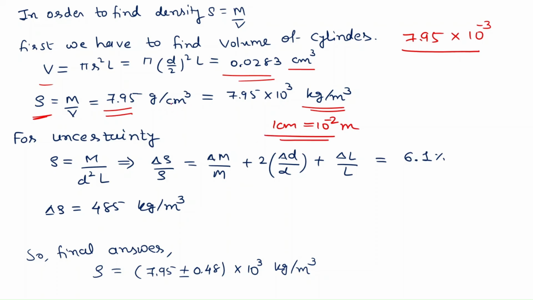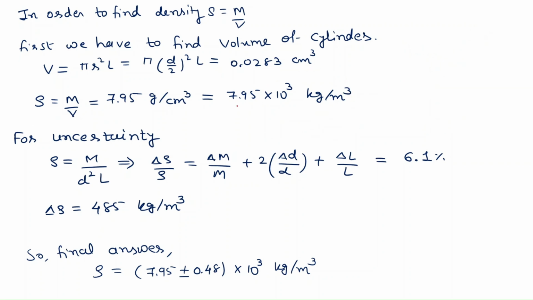But here centimeter cube is in the denominator, so we have to multiply by 10 raised to minus 6, because we have a cube here, not a single power. Next, simplify, and we get the SI base unit value, which is 7.95 into 10 raised to 3 kilogram per meter cube. This is the density, which we got by using exact values.